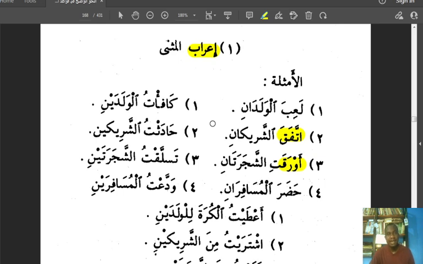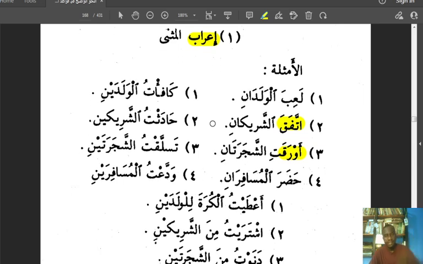The tree has grown leaves. It has now gotten awraq, which is the plural of waraq, leaves. So you say أورقت الشجرتان, the two trees have borne leaves.